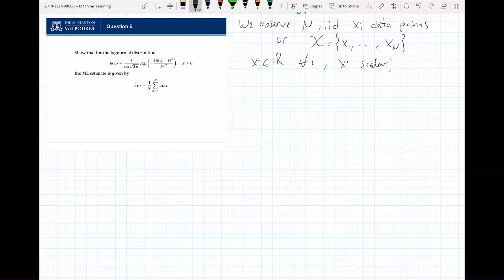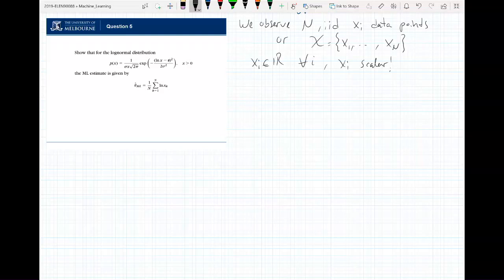So done? No? One more minute. Just to give the hint, initially what do you do? You write the log likelihood or likelihood, then take it from there, right?